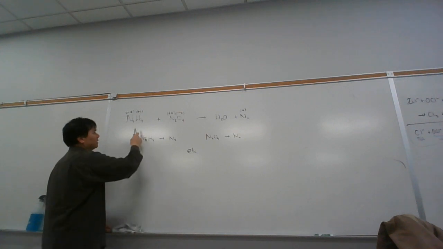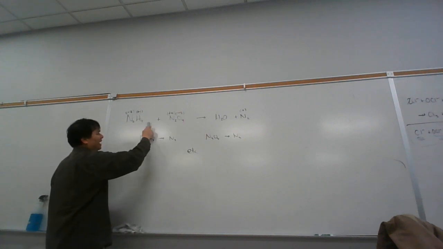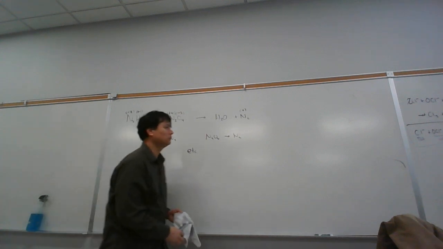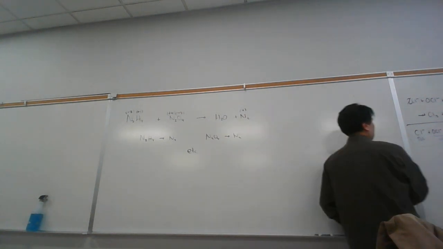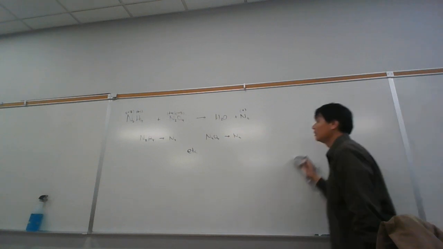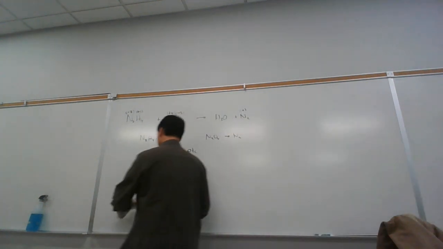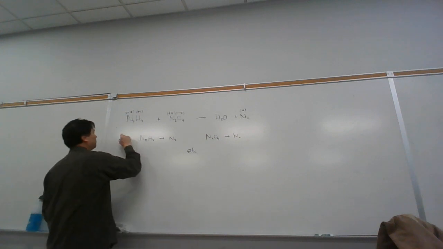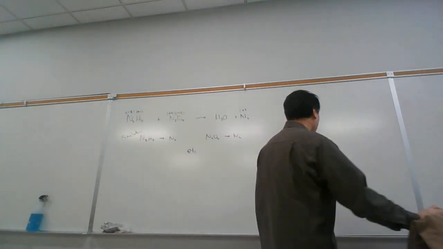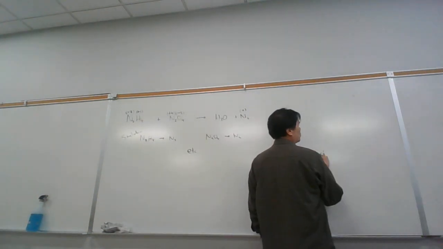But for redox, it needs to be balanced by atom and oxidation state. And this is skeleton here. The reason we don't normally balance it by atom is because it doesn't always work.